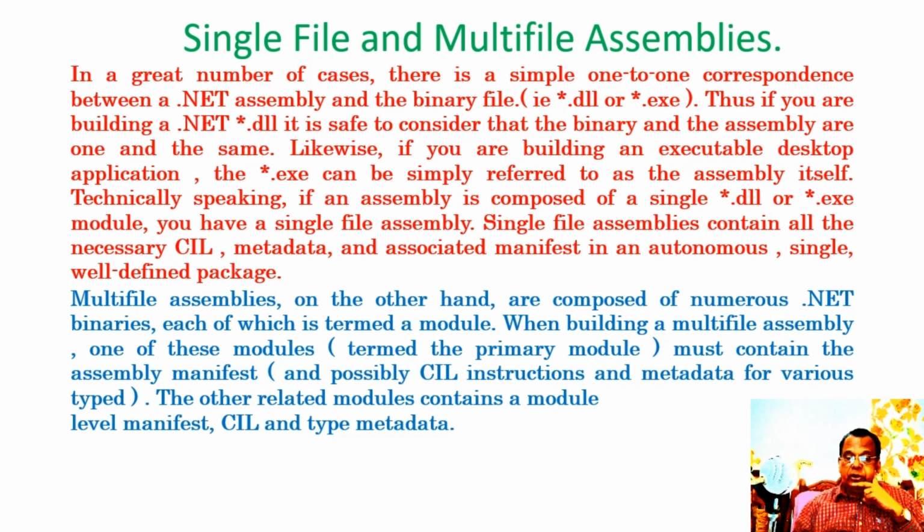When building a multi-file assembly, one of these modules, termed the primary module, must contain the assembly manifest (and possibly CIL instructions and metadata for various types).